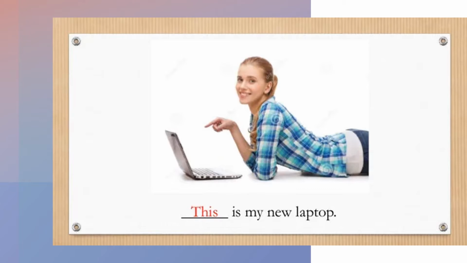For example, this girl is facing very near to her laptop. That's why we use this. If the laptop is located quite far away from you, you cannot say this. Because the distance is very important if you want to use this demonstrative pronoun.